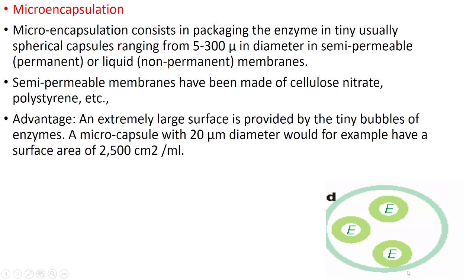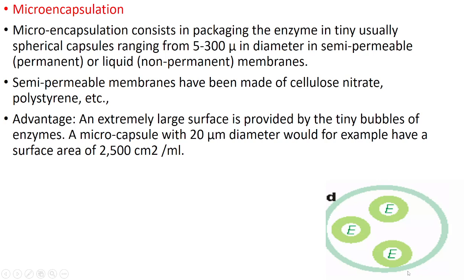The advantage of microencapsulation is because of its small size. When you consider a particular fixed volume of space with many small microbeads, compared with larger microbeads, the smaller microbeads will have more surface area.